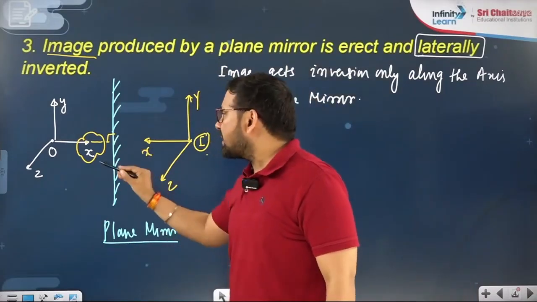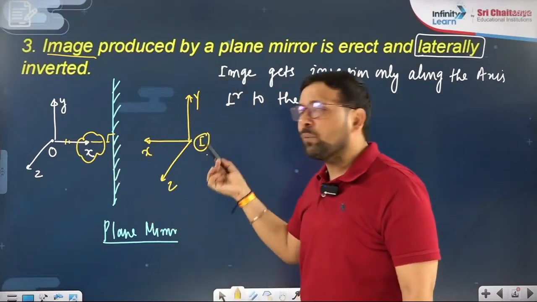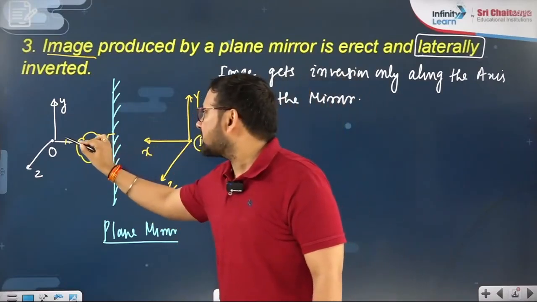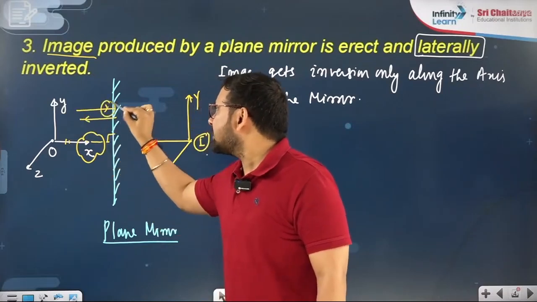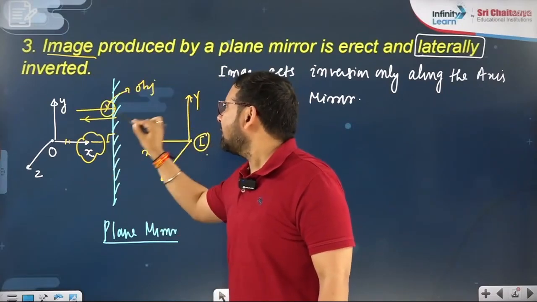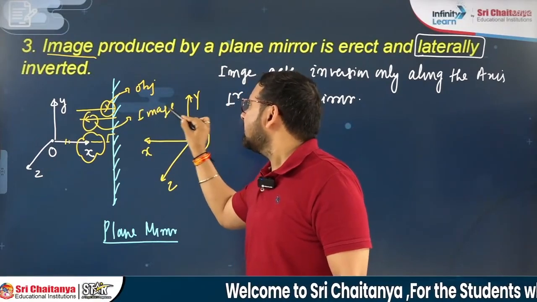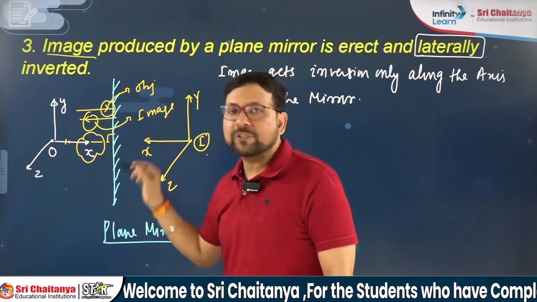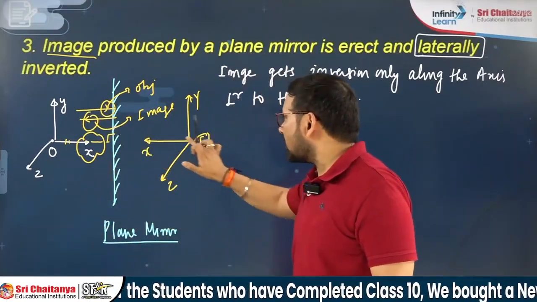But we are only interested in the axis which is normal to the mirror. That will be reflected, because the ray will go there and the mirror will send it back. So the incident ray is responsible for the object and the reflected ray is responsible for the image, and you can see very clearly that their directions are completely opposite.